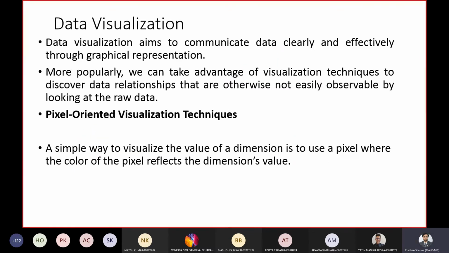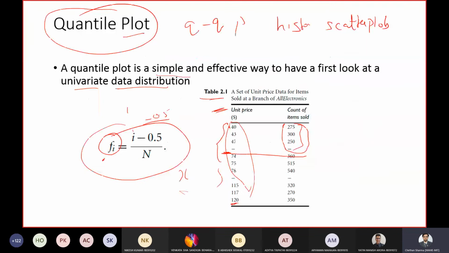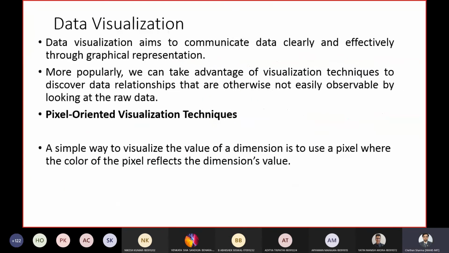So the next is data visualization. These are the graphical representation of your data. There are again multiple data visualization techniques we'll be seeing one by one. So you have this graphical representation, but you need to communicate the data very clearly and effectively to the user.